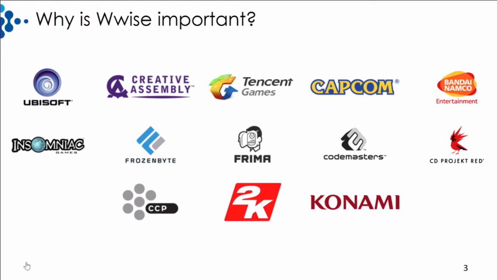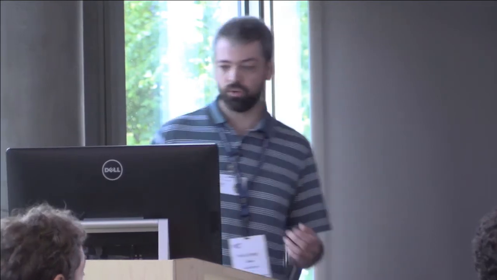And the reason why Wwise is so popular is because it's cross-platform. We support every gaming platform under the sun, every popular one, from mobile OSs to high-powered consoles and PCs. We're starting to do VR and AR. So that's exactly why we are here today. It's to make sure that the web can become another one of these major gaming platforms, and we want to be there to help it grow that way.